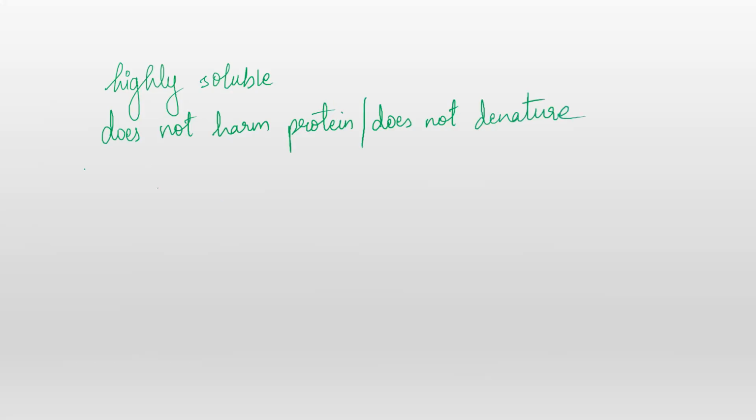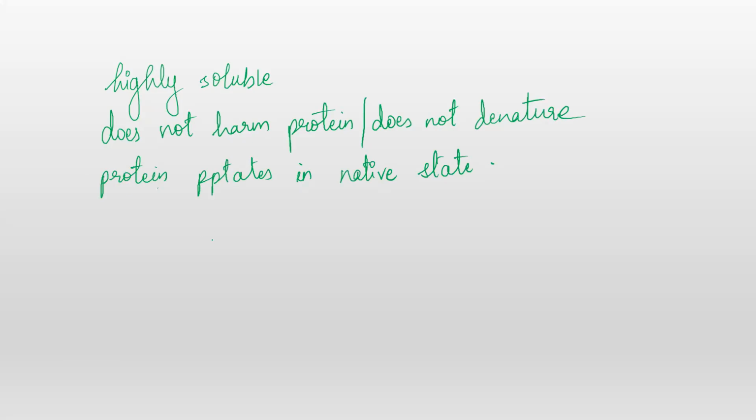Again, one more important thing is that whatever protein precipitates, it precipitates in its native state, in the original state. So there is no loss in the conformation, and activity is also retained.